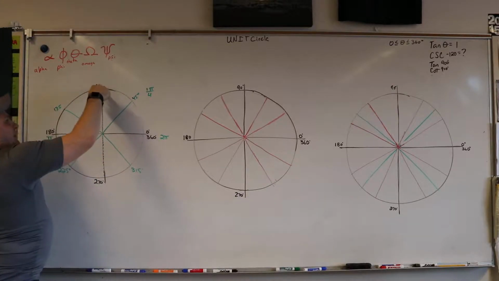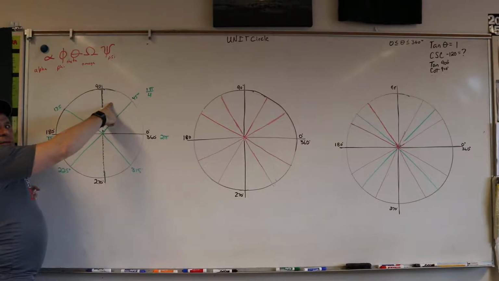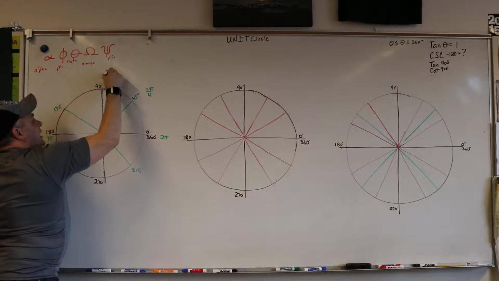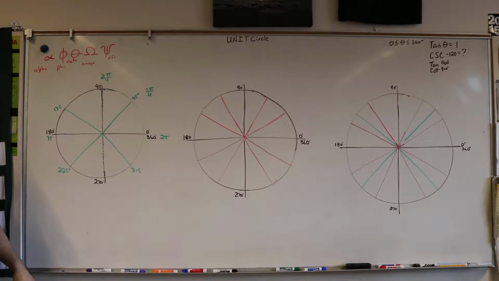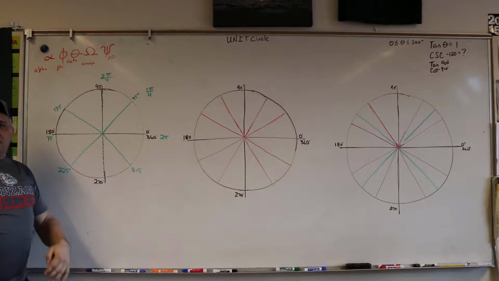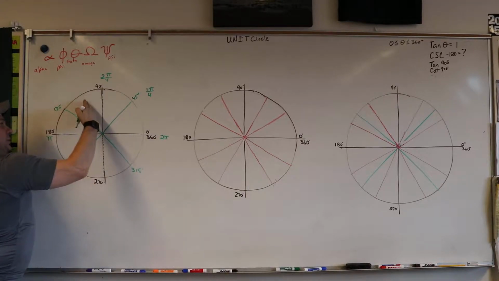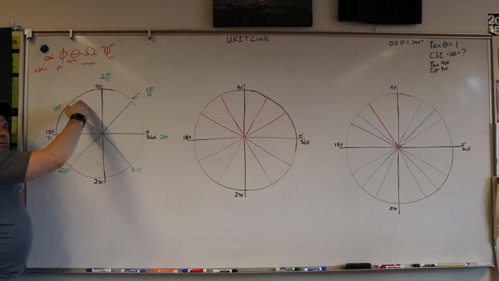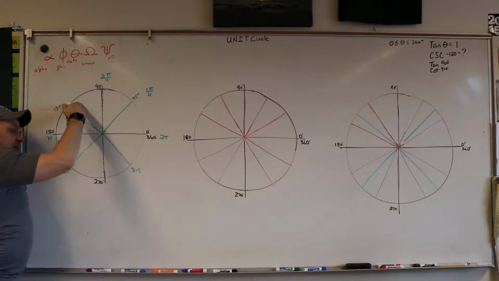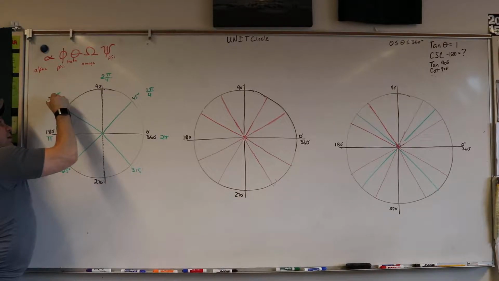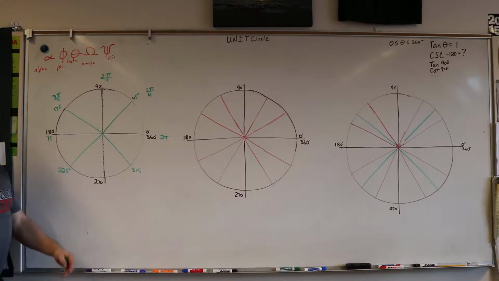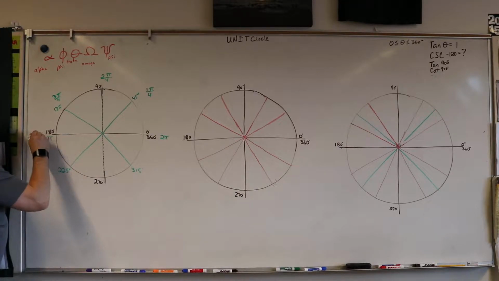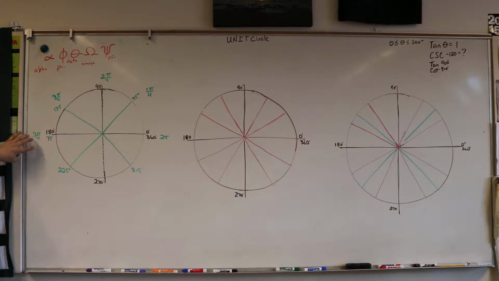And then this piece would be 2 pi over 4. And this would be 3 pi over 4. And this would be 4 pi over 4, and we get back to pi, because 4 divided by 4 is 1. Does that make sense?